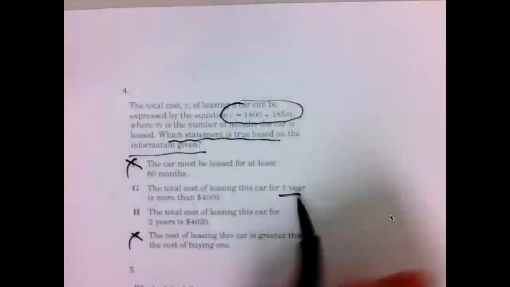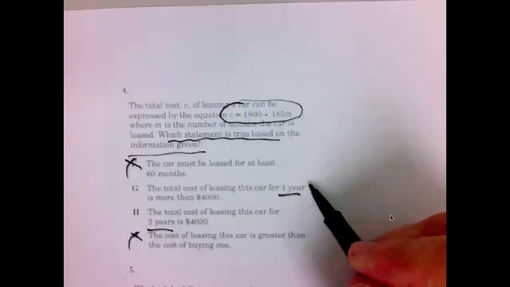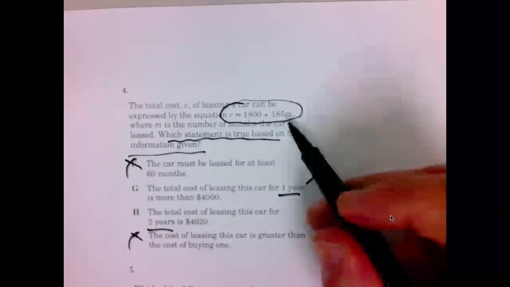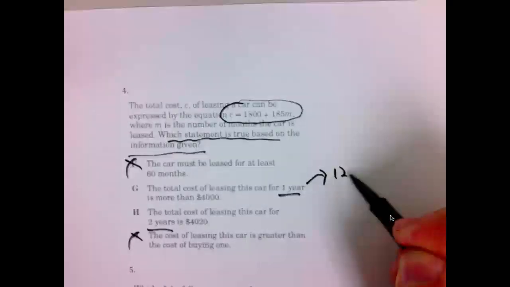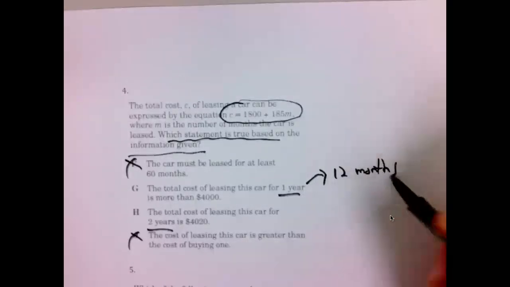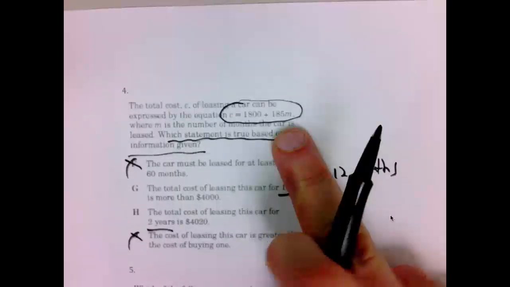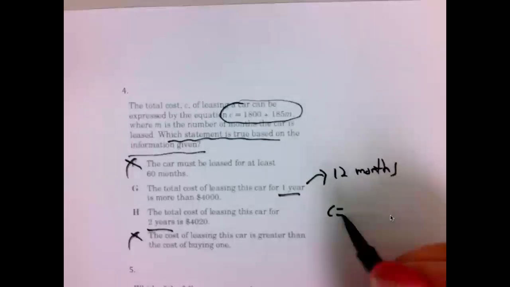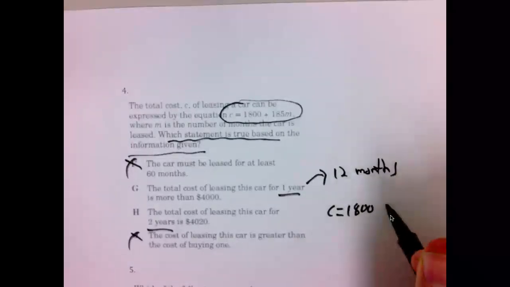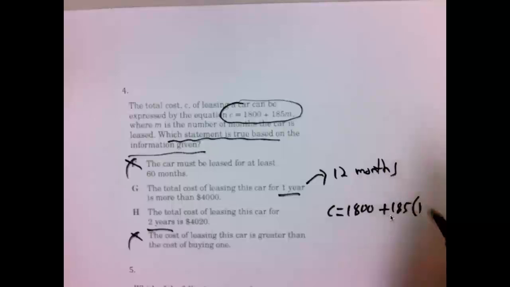It's either going to be G or H. So here it says 1 year, here it says 2 years. We need to convert this to months because that's what M is. 1 year is 12 months. So I'm simply going to substitute 12 in place of M. So C equals 1800 plus 185 times 12.